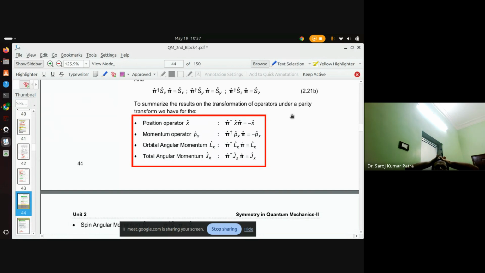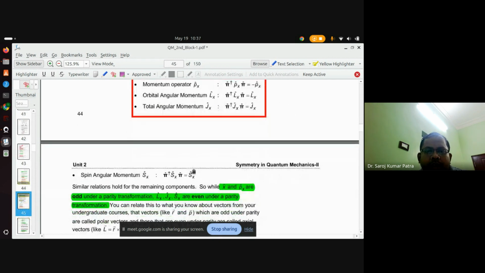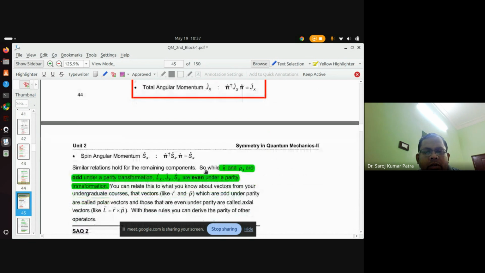So pi dagger x pi will be minus x. Pi dagger px pi will be equal to minus px. But pi dagger Lx pi will be equal to Lx, and pi dagger Jx pi will be equal to Jx. Similarly for spin angular momentum, pi dagger Sx pi will be equal to Sx. So x and p are called odd under parity transformation because they become minus.